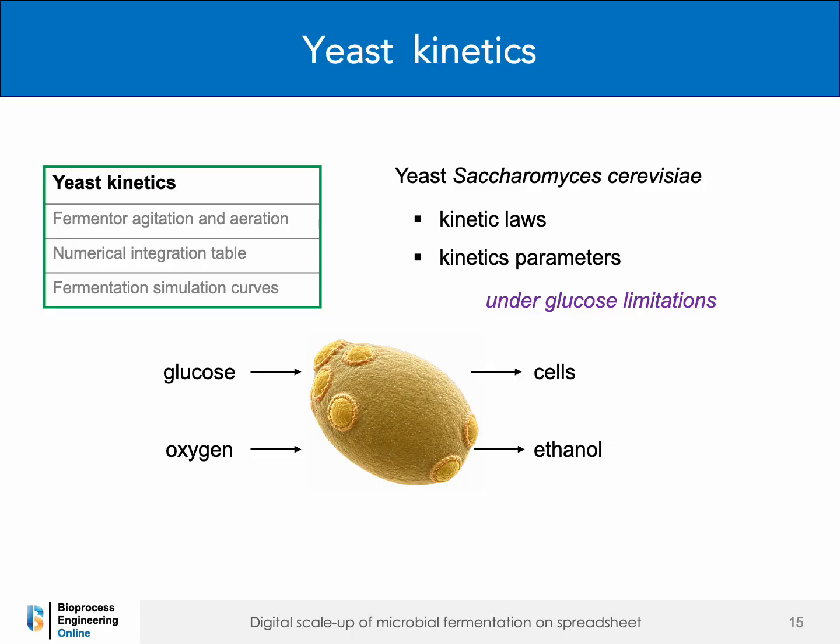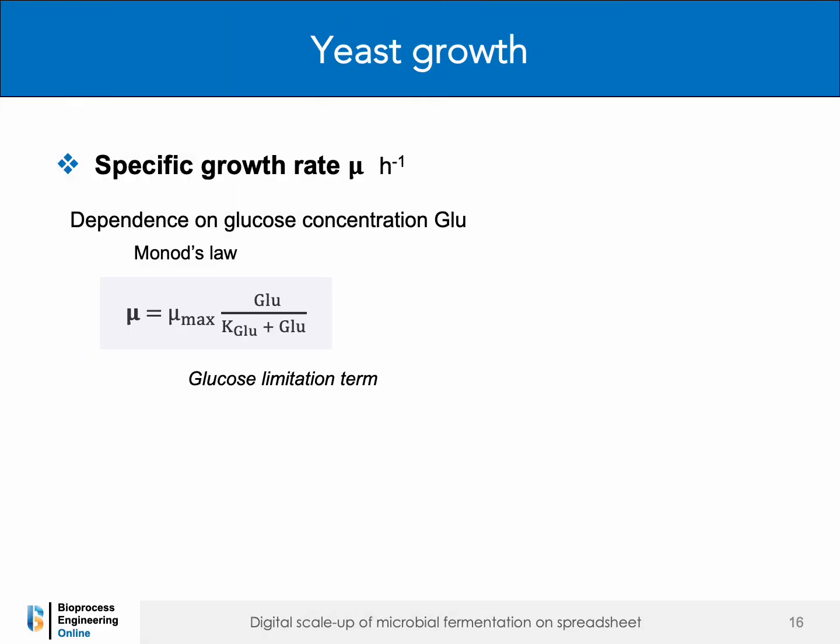It also allows you to visualize how the specific rates vary with glucose concentration, particularly under the glucose-limited conditions characteristic of fed batch fermentation. For the yeast specific growth rate, you use the classical Monod law as a function of glucose concentration. mu equals mu max, glu divided by K glu plus glu, where mu max is the maximal specific growth rate and K glu is the half saturation constant for glucose.